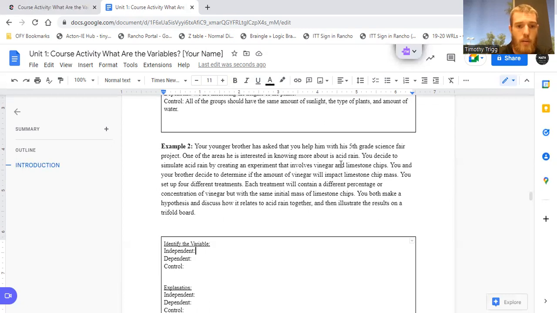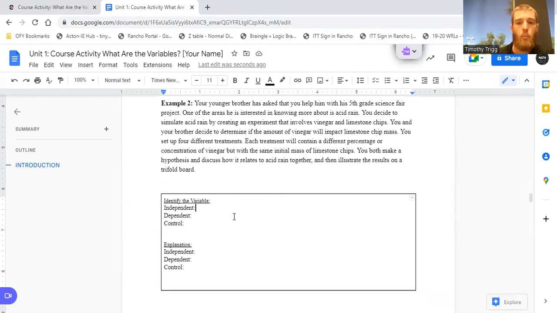You set up 4 different treatments. Each treatment will contain a different percentage of concentration of vinegar, but with the same initial mass of limestone chips. You both take a hypothesis and discuss how it relates to the acid rain together, and then illustrate the results on the trifold board.